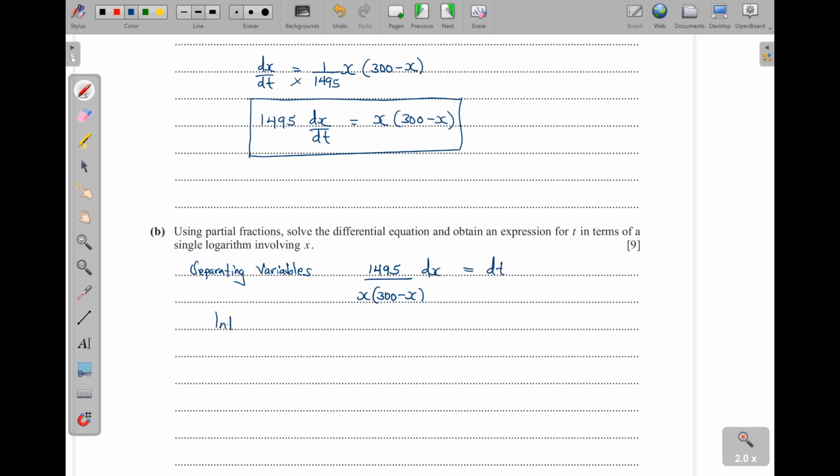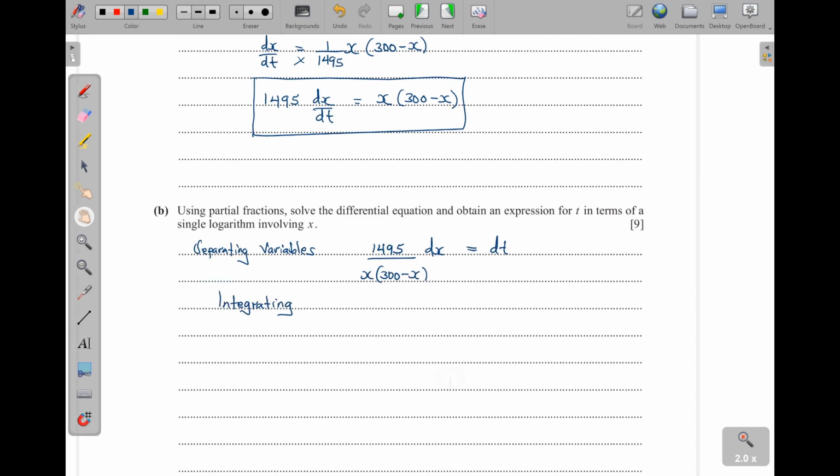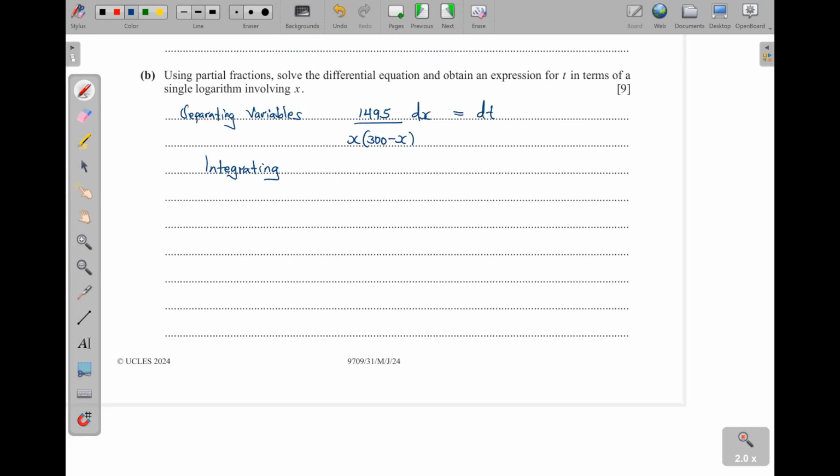Then after this, we can integrate, because to undo the derivatives, you integrate. So integrating, we shall have the integral of 1495 out of x into 300 minus x dx, equal to the integral of dt.